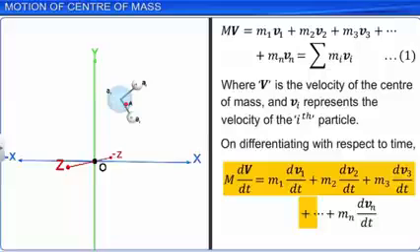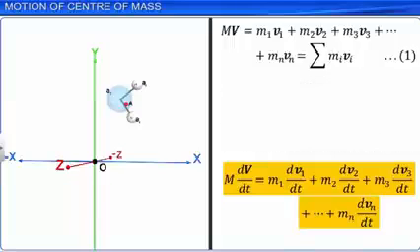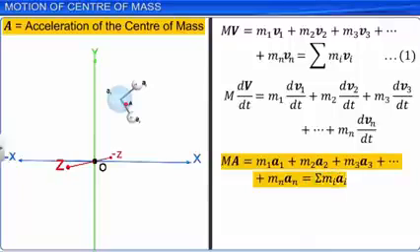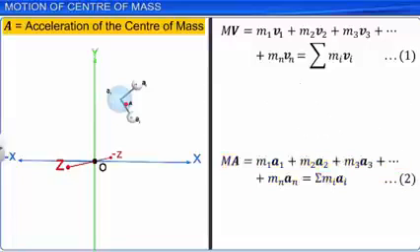So, MA is equal to m1a1 plus m2a2 plus m3a3 and so on, plus mnan, which is equal to sigma of miai. Let this be equation 2, where a is the acceleration of the center of mass and ai represents the acceleration of the ith particle.